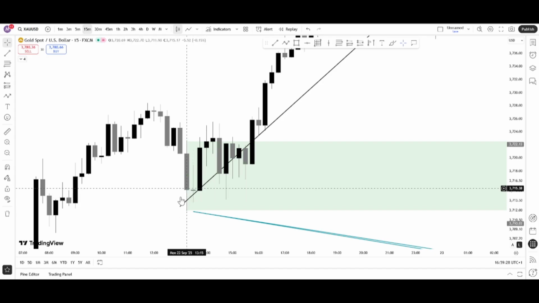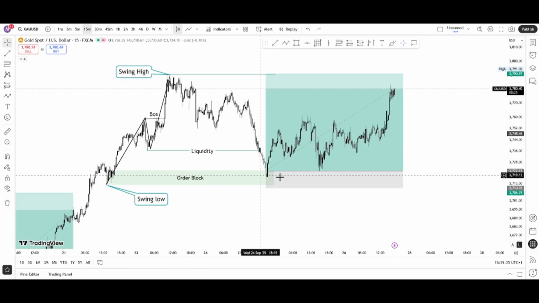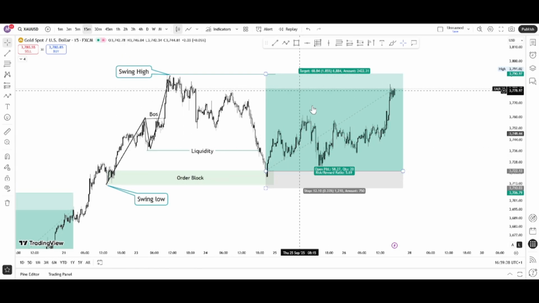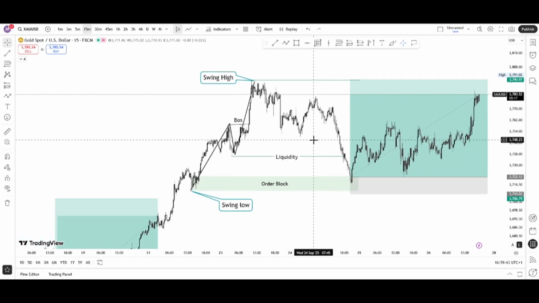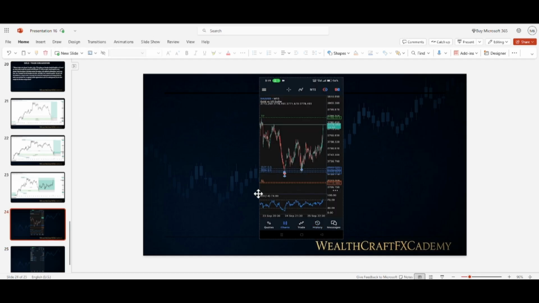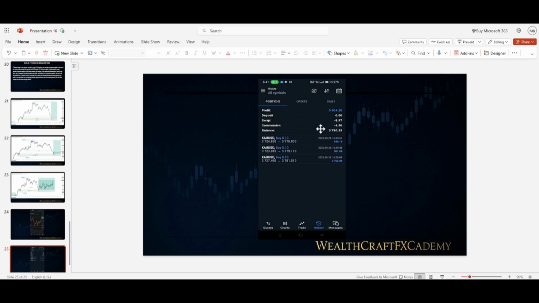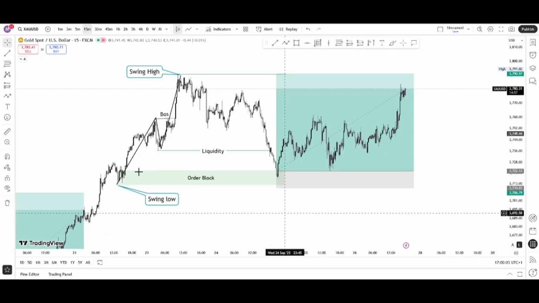I marked it out, and boom, the market came back to that zone and bought off from it. This was how I was able to make some money from this setup, and we ended up making about $3,000 on this account. So this is the breakdown of this trade.